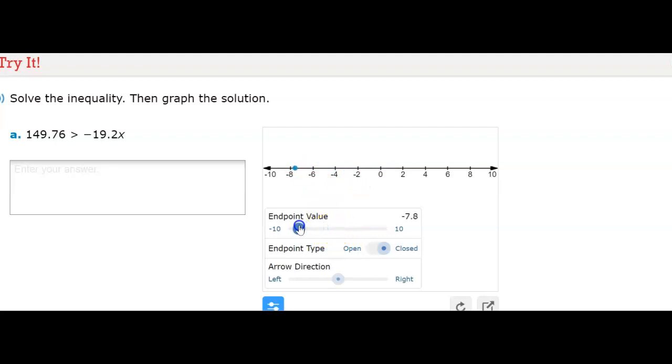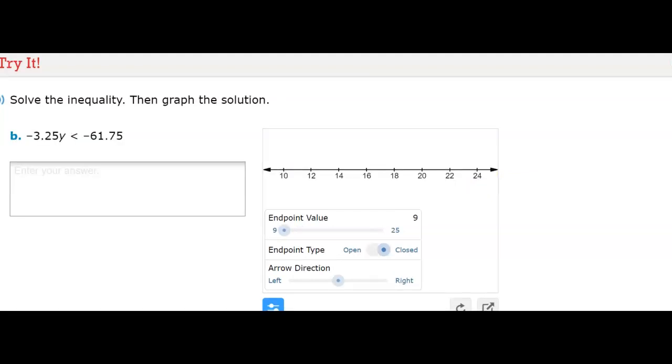So move that over about there. And this is going to be an open circle because it does not have that equal to underneath. And then x is greater, so our arrow is going to go to the right to show that all of these numbers are possible solutions to the inequality.